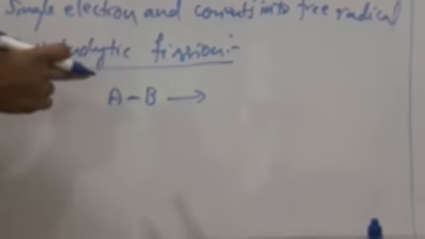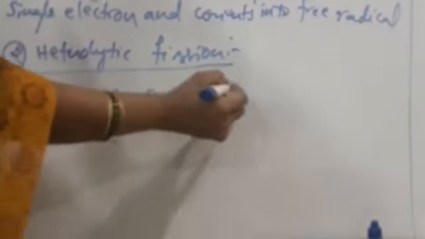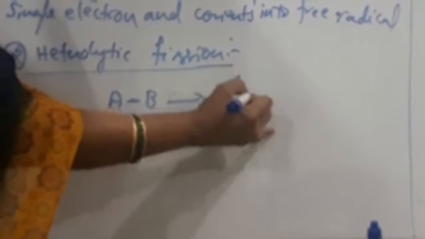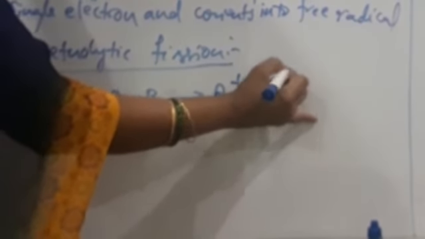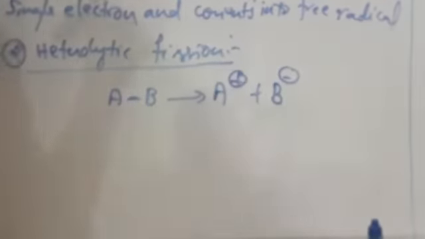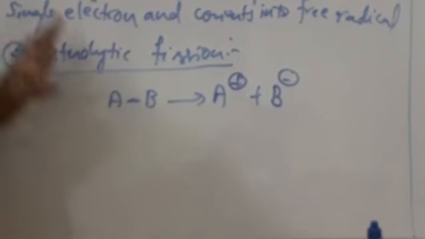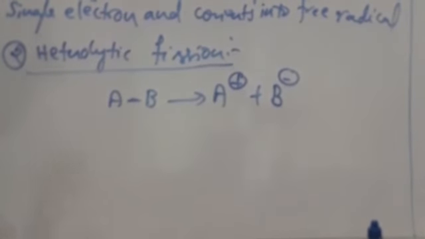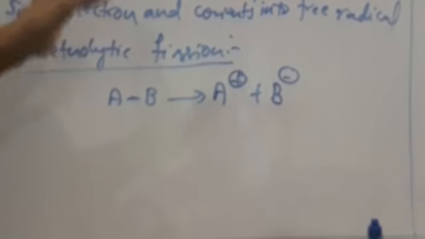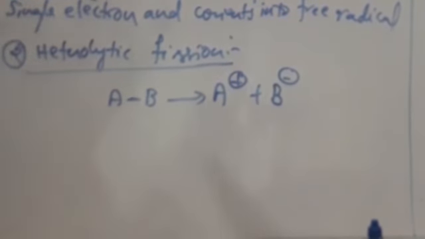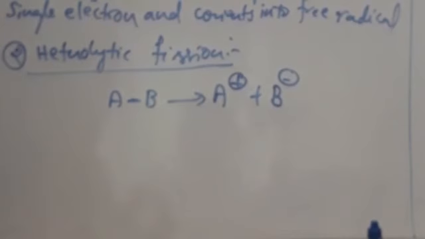So B gains the total pair of electrons and separates out as an anion. A minus charge indicates more electrons and a plus charge fewer. During heterolytic fission, we get a pair of ions.